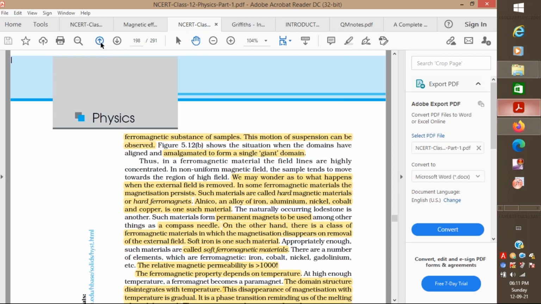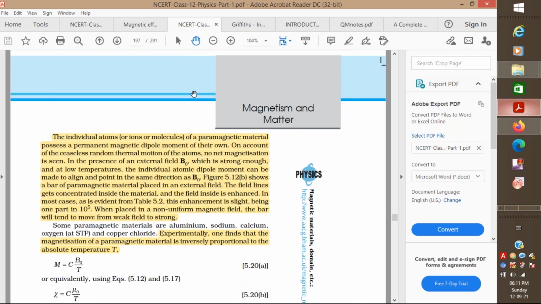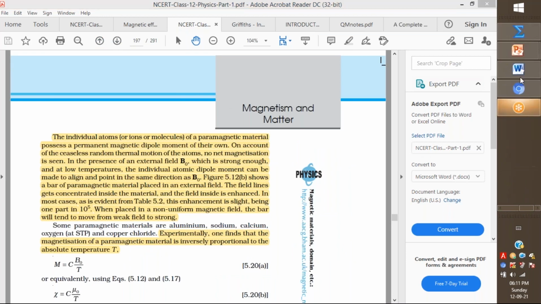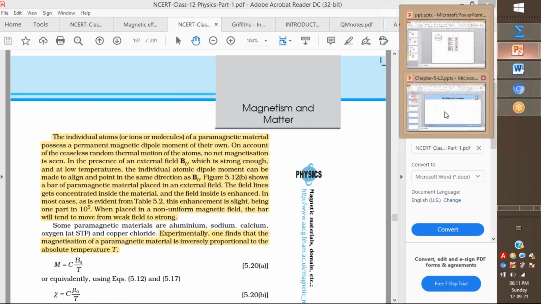So we'll discuss this hysteresis loop also. Okay. So basically we'll learn what is paramagnet, what is ferromagnet, and then what is hysteresis loop, etc.